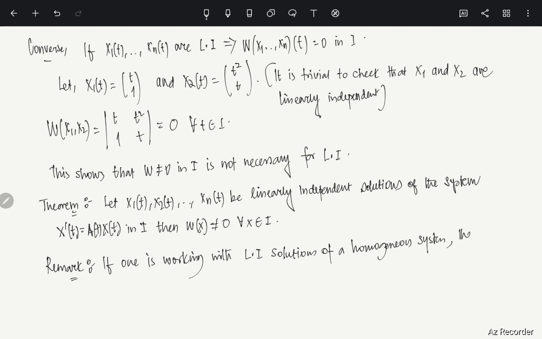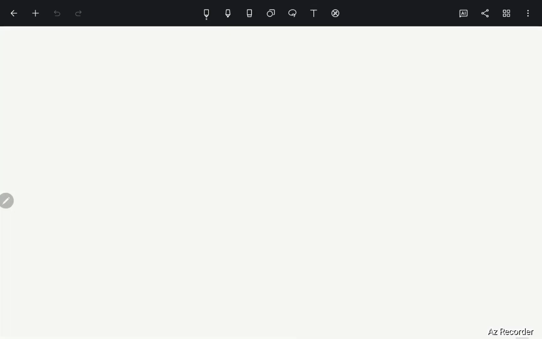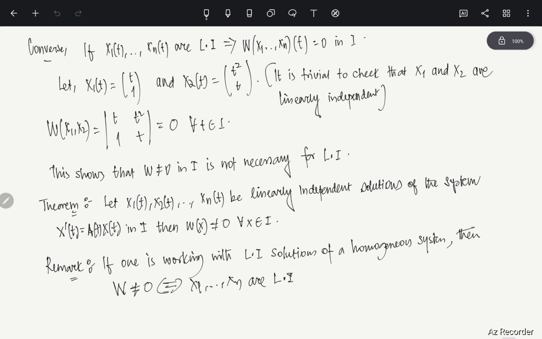The Wronskian being non-zero will imply that x1, ..., xn are linearly independent, and vice versa. So basically, Wronskian non-zero means they are linearly independent. If x1, x2, ..., xn are linearly independent, it means the Wronskian is non-zero. Okay, so both sides are true. So let's look at how to prove something like this. Okay, so another theorem.